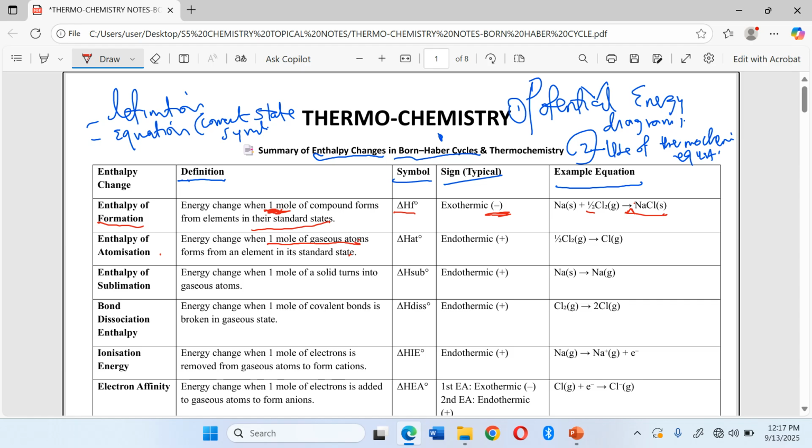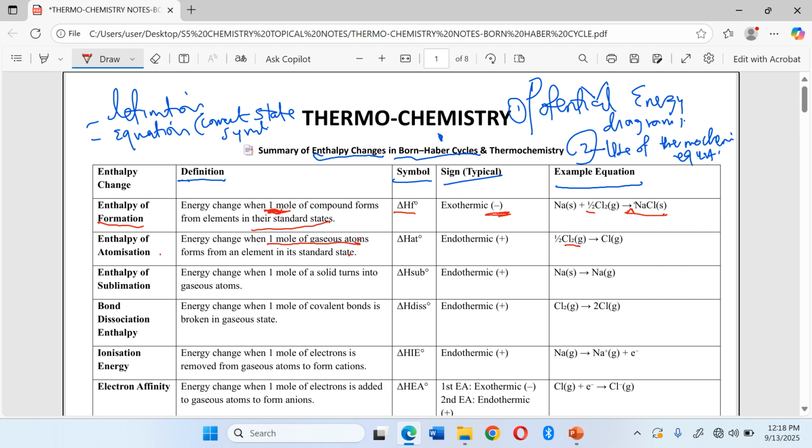Like now chlorine. Chlorine exists as a what? A molecule. And we are saying that that energy change when this 1 mole of gaseous atoms is formed from the element in its standard state is the one we are calling enthalpy of atomization.